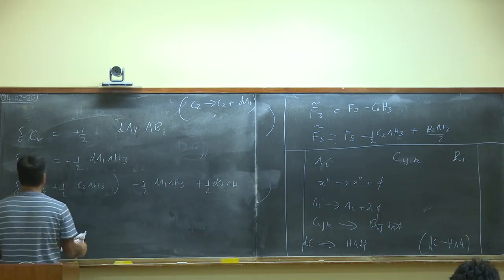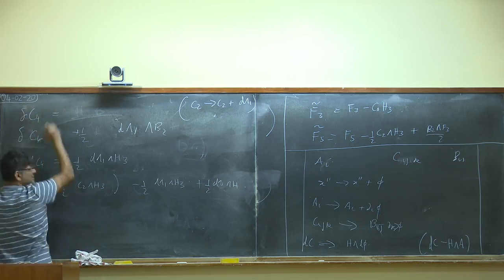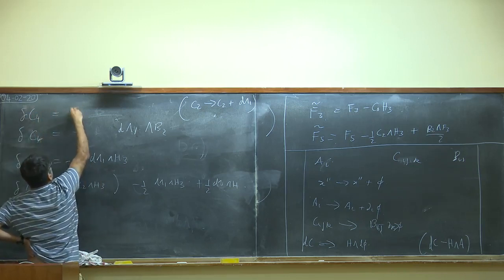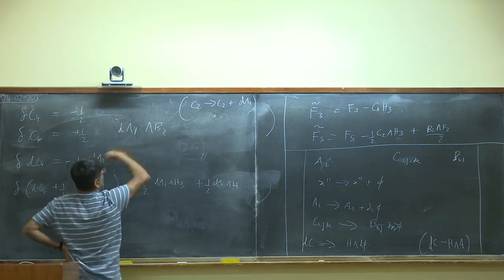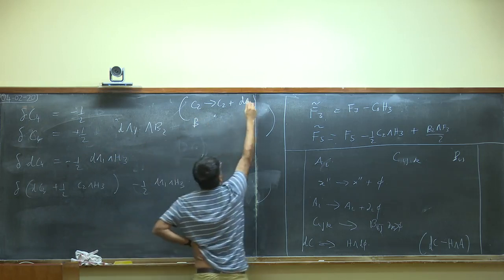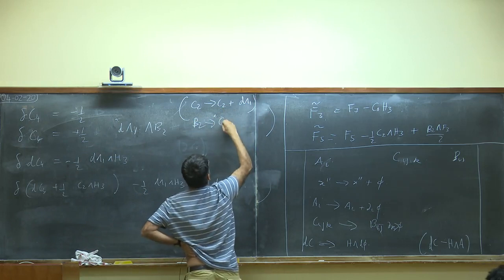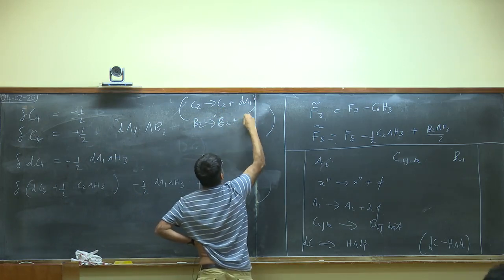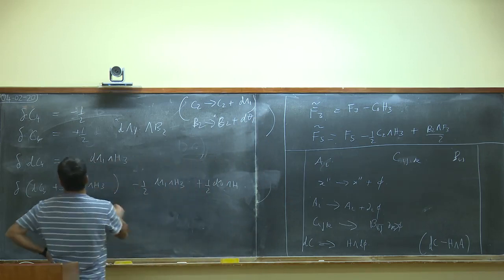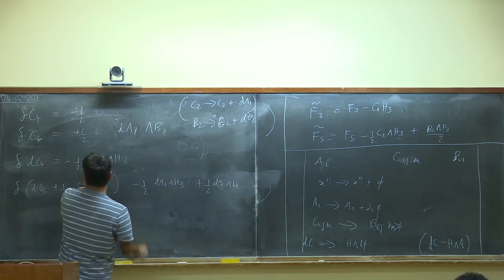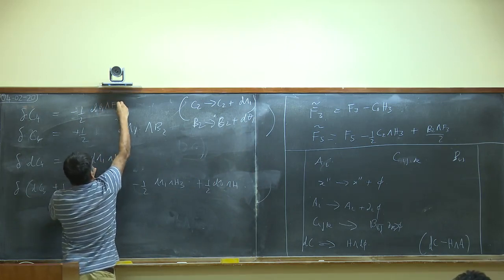In fact, delta C4, again up to signs, is equal to, under B2 goes to B2 plus d theta 1, let's suppose, this transforms like d theta 1 wedge F3.